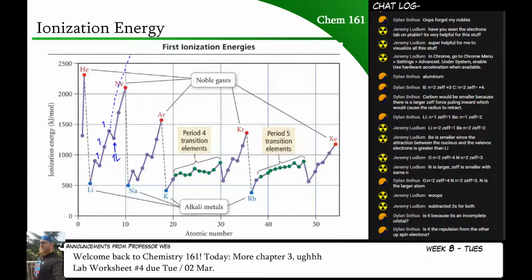And that repulsion is going to account for this difference, which you see in all of these. And it just so happens that for the first element after we start pairing, the overall effect is, oh, it's easier to ionize that. So those are our quantum mechanical trends for ionization energy.